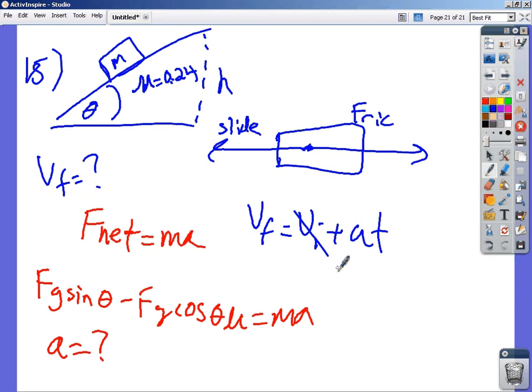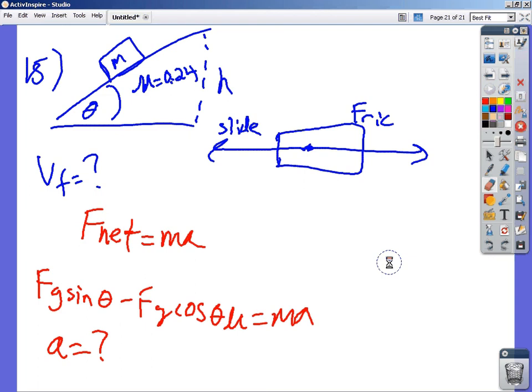Why wouldn't that equation work, the one I just erased? Vf is equal to Vi plus at. We don't know time. Well, we know Vi. Vi is 0. We're assuming it starts from rest, like it's placed on the slope and then somebody takes their hands away. We don't know time, so once we solve for a, we're going to use the time independent equation.